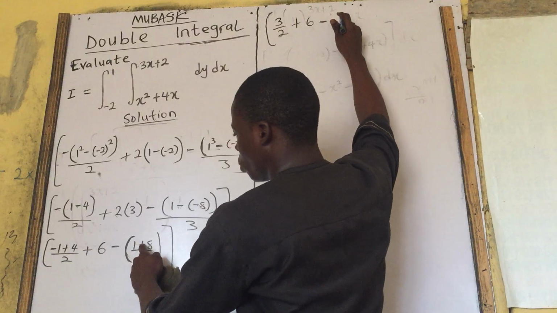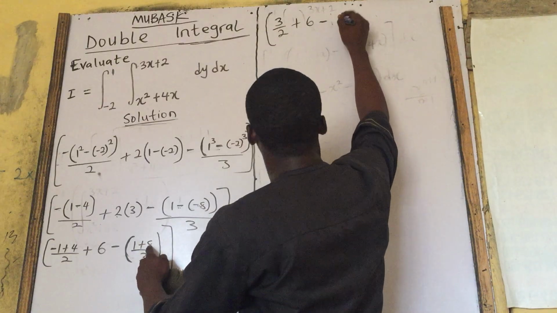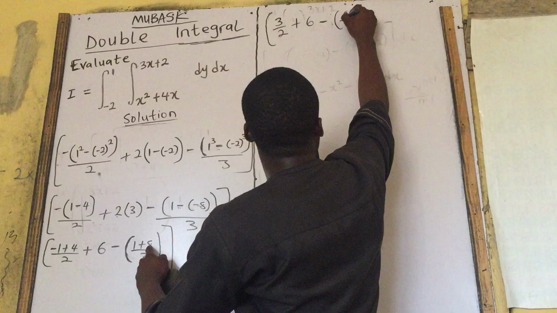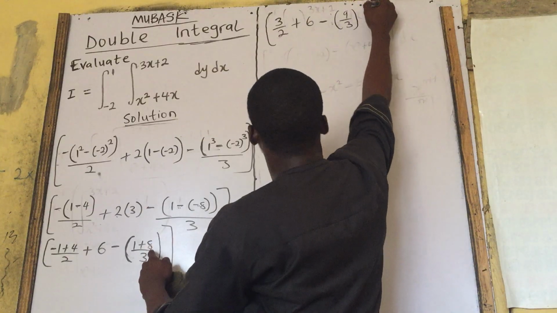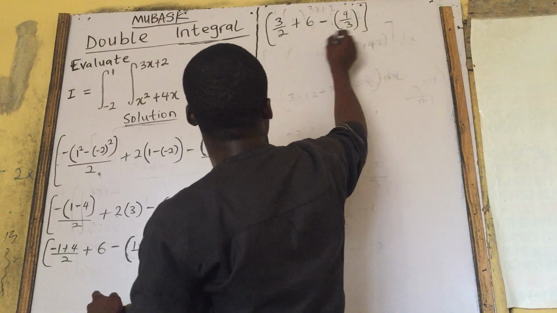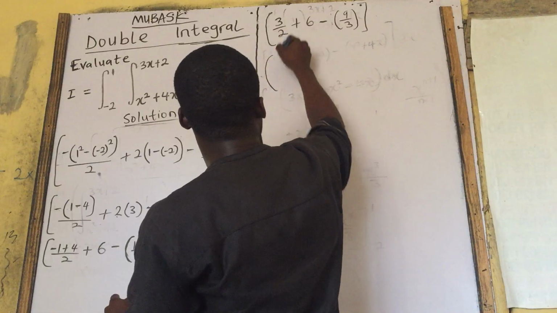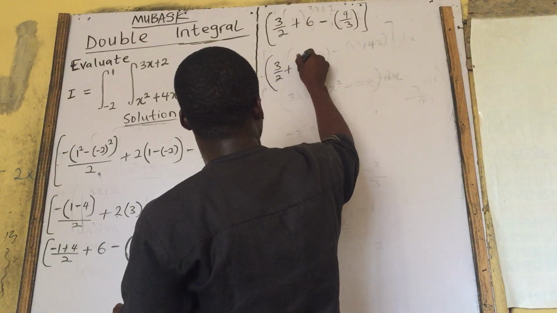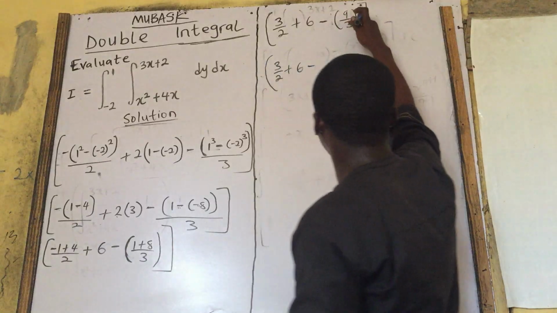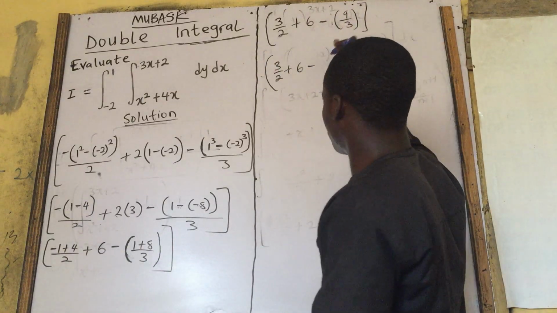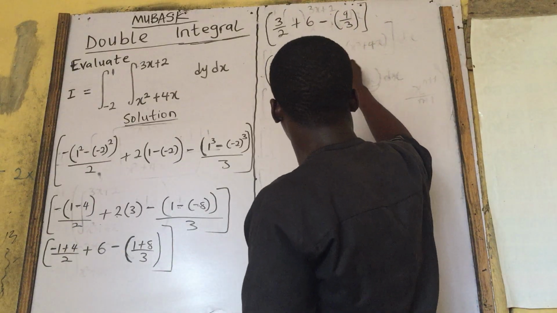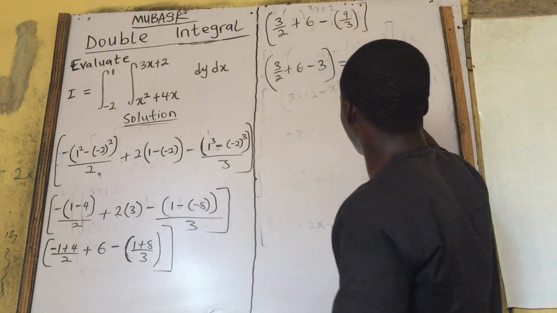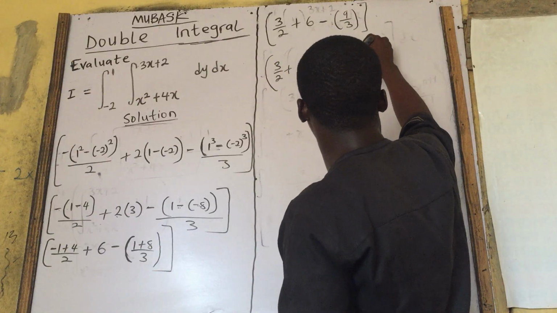Minus 1 plus 8 is 9. 9 divided by 3, all in bracket. Open bracket, 3 divided by 2 plus 6 minus 9 divided by 3 will give us 3, close bracket. So now let us remove the bracket since we cannot do anything.